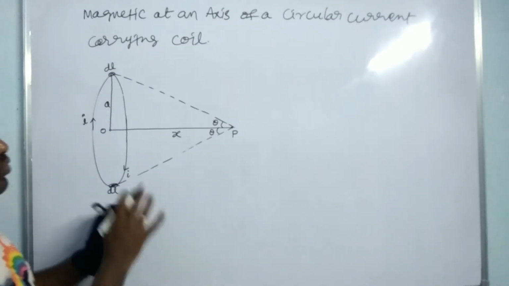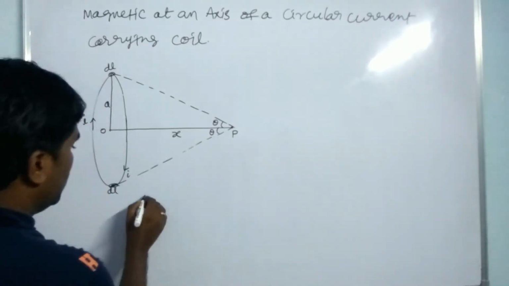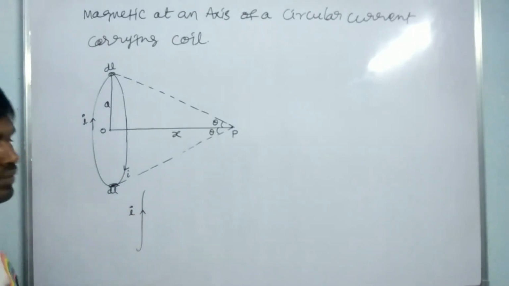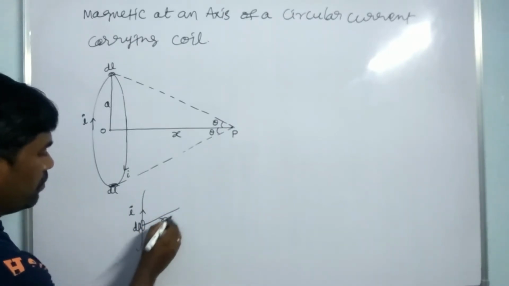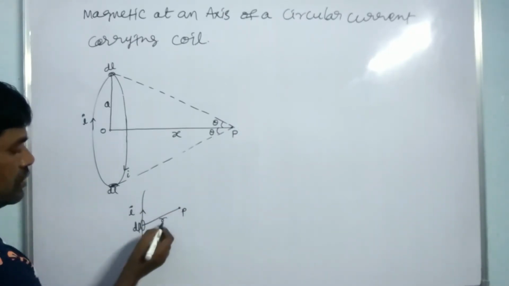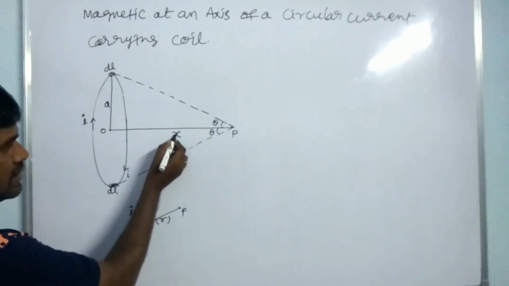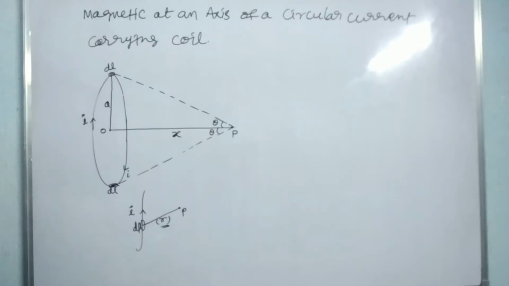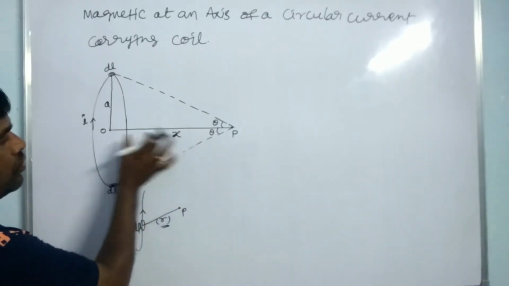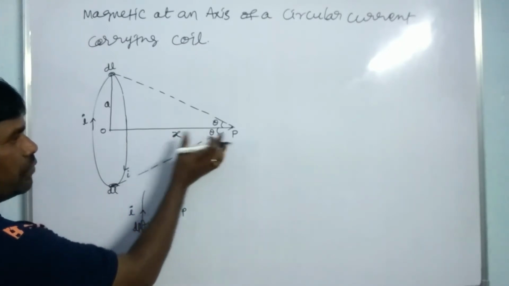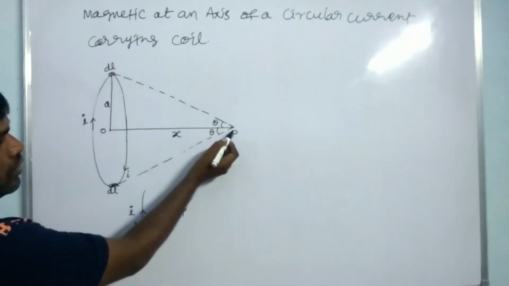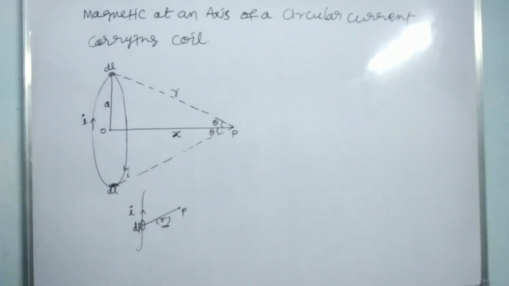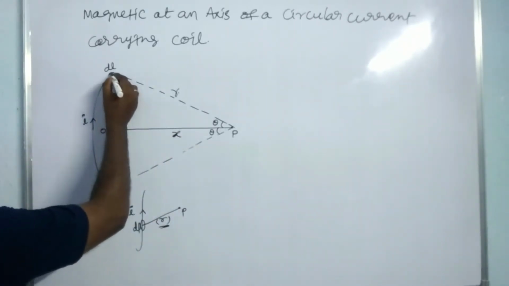Now we have to find the dB value according to the Biot-Savart law. Here there is a current carrying wire, and we assume the smallest element dl. From this element, at a distance r, there is a point P. This distance is not equal to the distance from the center to the axial point P, but the distance from dl to point P. So this is r.